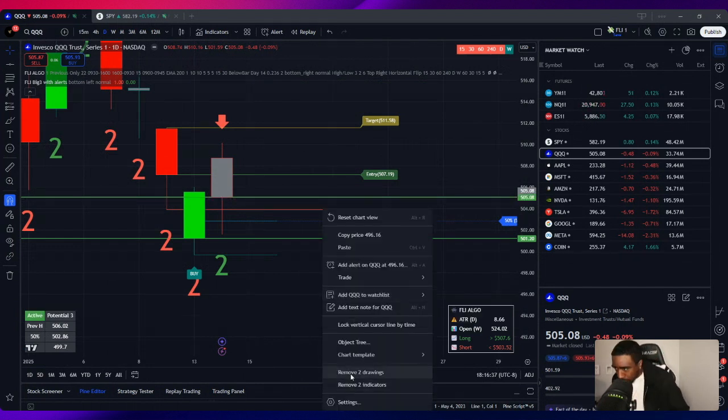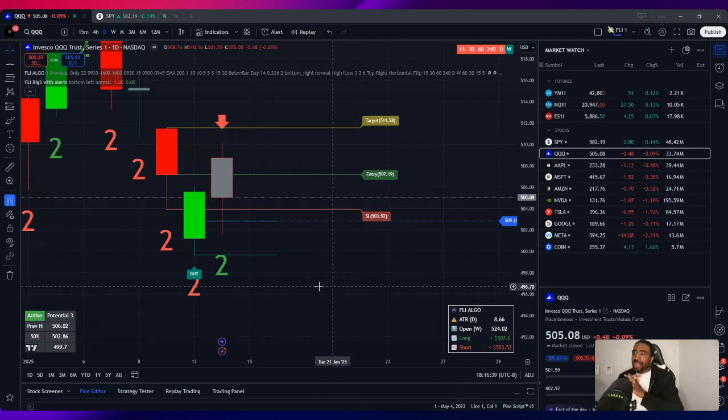Now, the second side of the game, the ATR levels. What I want y'all to understand about ATR levels is that it's data for you to know how the stock has been moving for the last 2 weeks. So on QQQ, we got an ATR of $8.66.